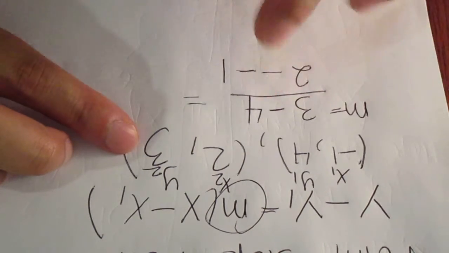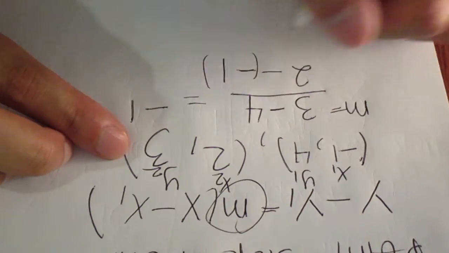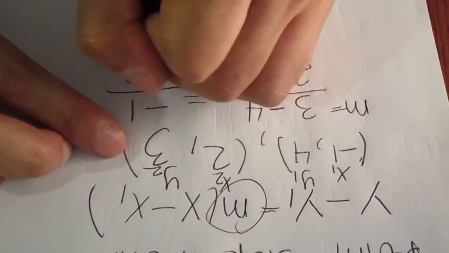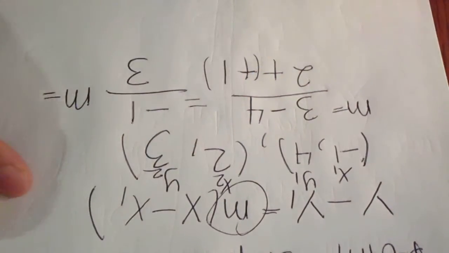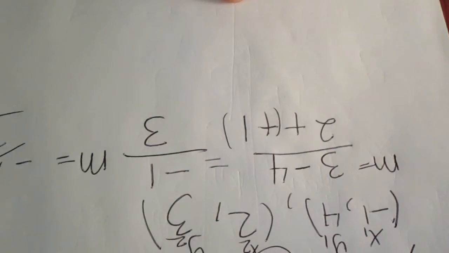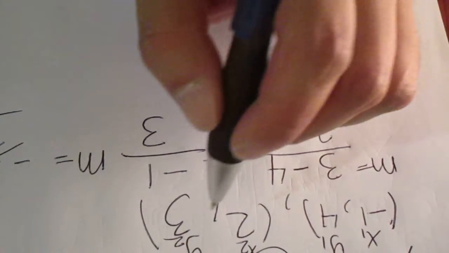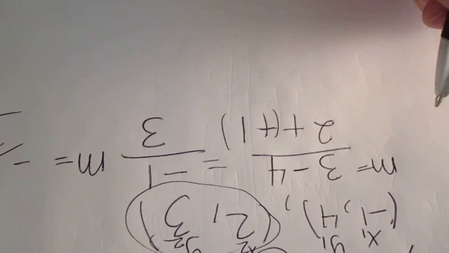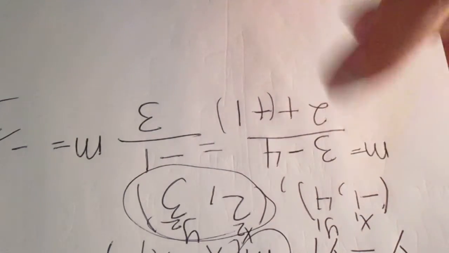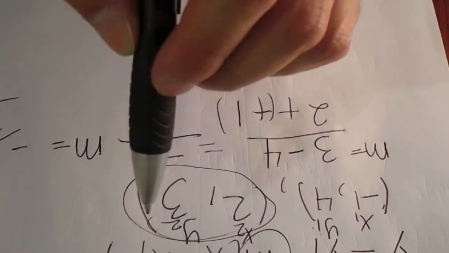So 3 minus 4 is -1, and then 2 minus a negative, you could put parentheses if you get confused, would be 2 plus 1, so that's 3, so m equals -1/3. Okay, so we found the slope, so now we've got to pick a point. I'll choose this coordinate to plug into the rest of the equation, because we need a y1 and an x1.